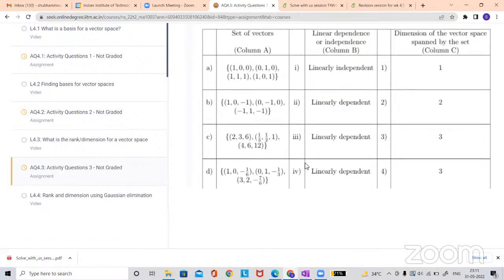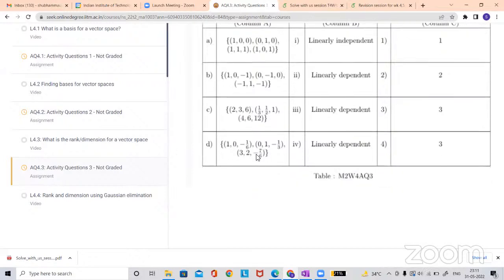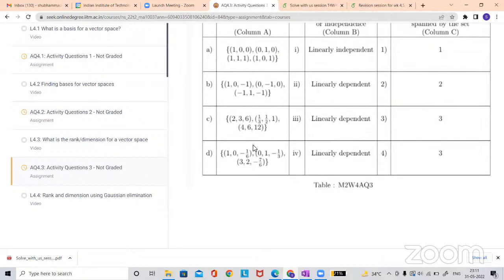Option number 3, option number 4, dimensions. Dimension of these vectors. So you have to check, are they independent or dependent? Yes, I know that is dependent, but I can't get the dimensions.